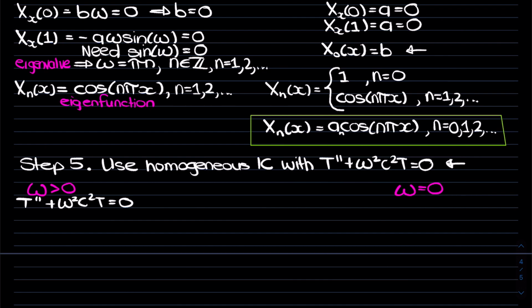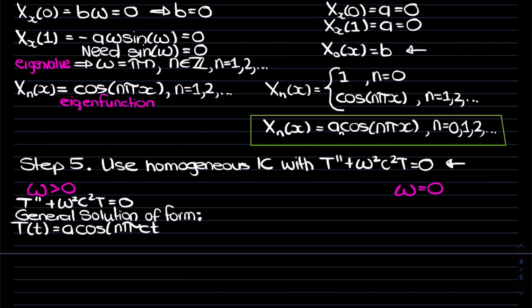This has the general solution of the form big T of little t equals a cosine lambda, which is n pi, and then we've also got ct, plus b sine n pi ct.